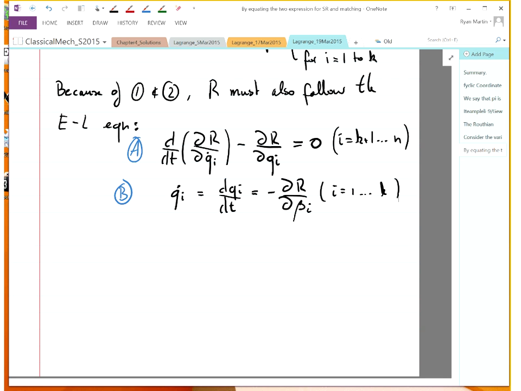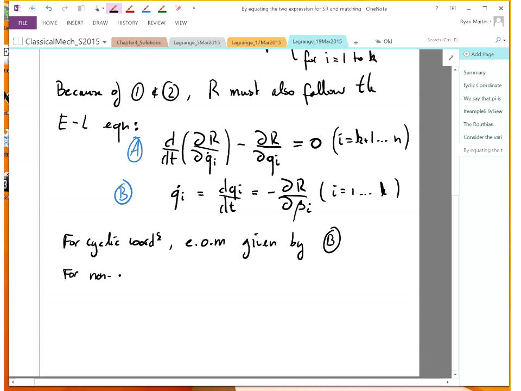So the strategy here, and I wrote out the steps in the notes of how you solve the problem, and I'll just do an example problem so that you can see it in action. I won't write out the strategy, except to say that for cyclic coordinates, the equations of motion are given by B, which is much more simple.